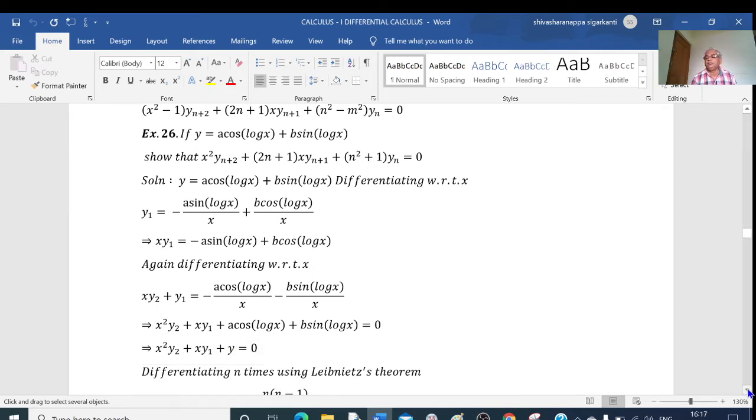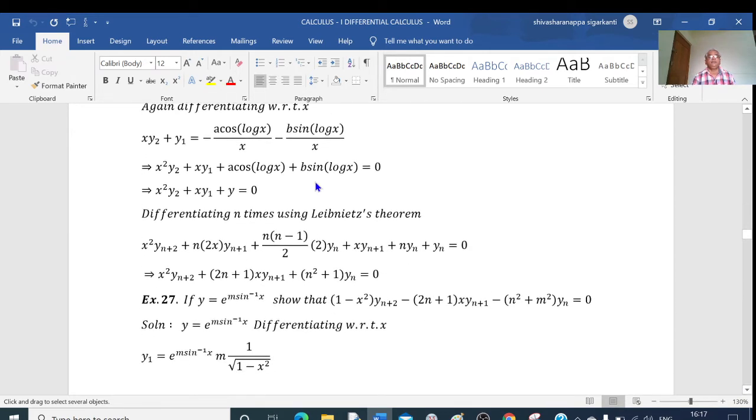Differentiating this n times using Leibniz theorem, I will get nth derivative of the first term: first x square, nth derivative of y2 is yn plus 2, plus nc1 is n, x square derivative is 2x into 1 less derivative is yn plus 1, plus nc2, n into n minus 1 by 2 factorial, that is 2 into 2x derivative is 2, 1 less derivative is yn.